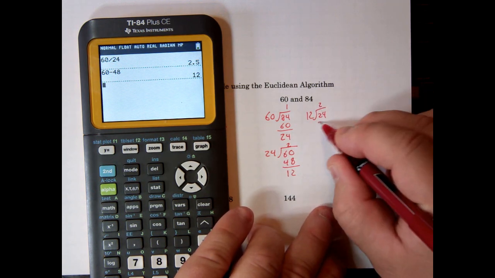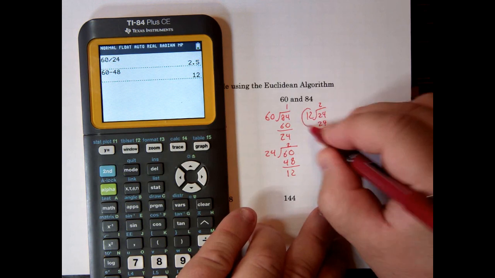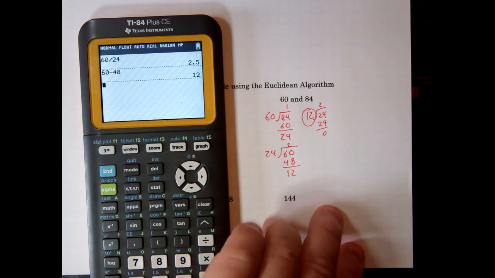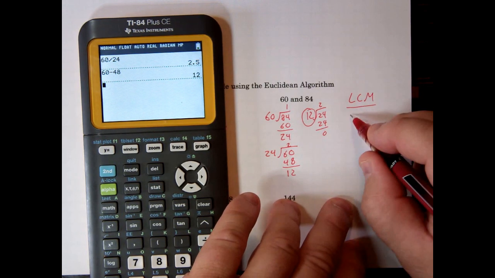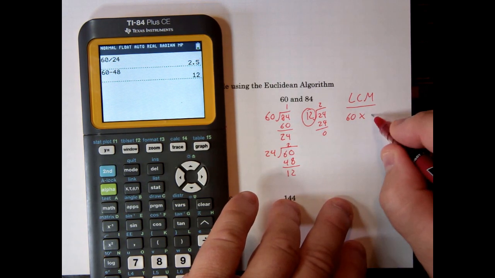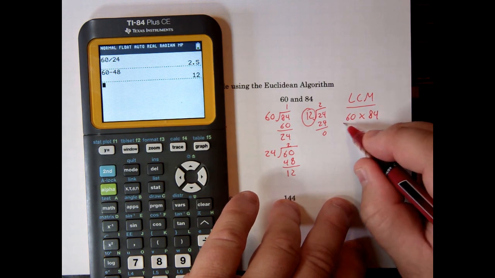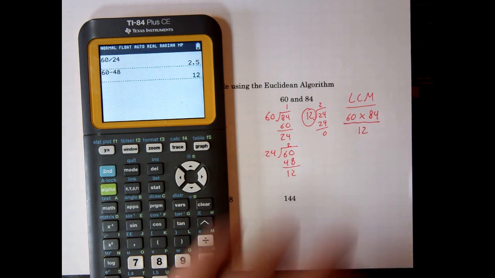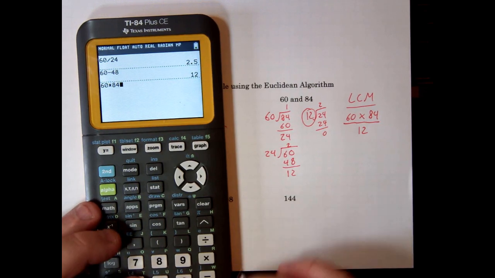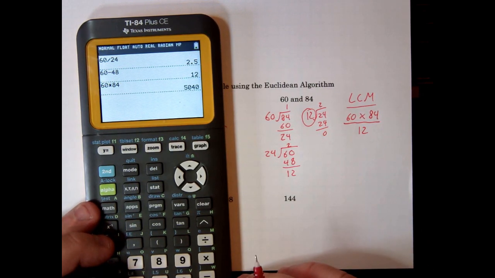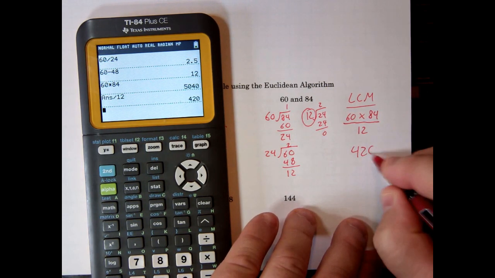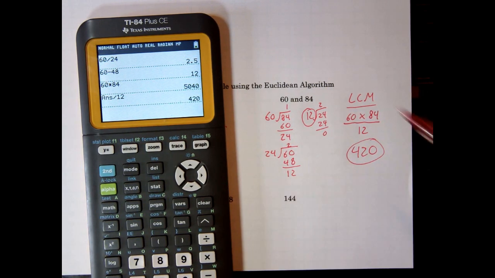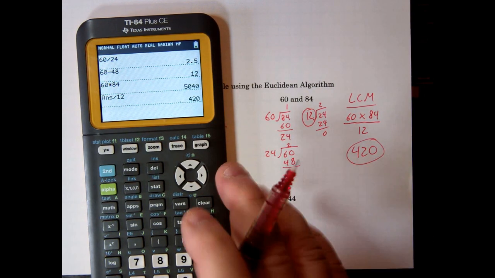It's exactly twice, no remainder. Our greatest common factor is 12. So our least common multiple will be 60 times 84 divided by 12. 60 times 84, 5040, divided by 12, 420. And that's exactly what we got when we did the 60 and the 84 before.